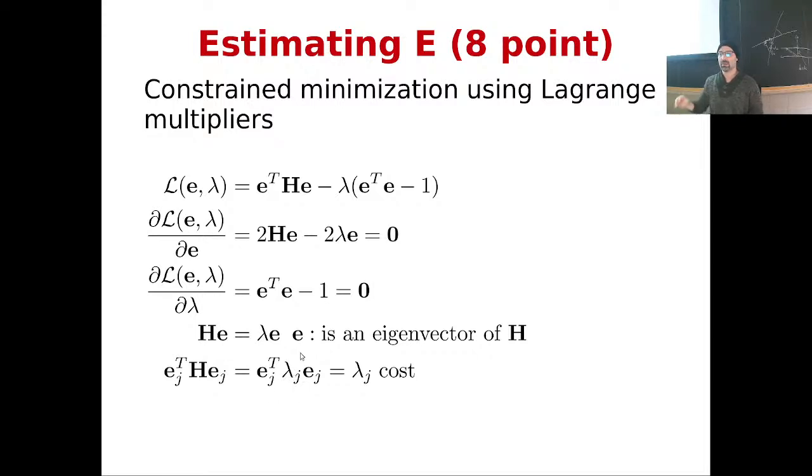So the game of determining the E matrix simply consists in calculating the eigenvectors of the matrix H and picking as E the eigenvector having the smallest eigenvalue, because the eigenvalue is the cost. Is that clear?